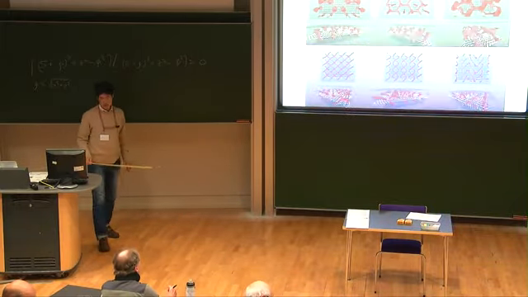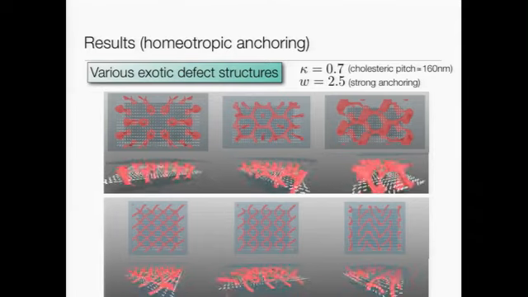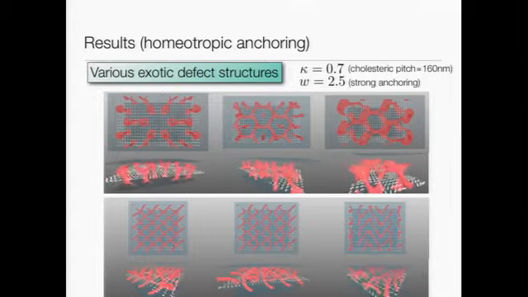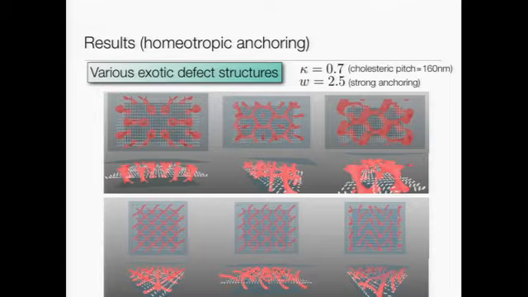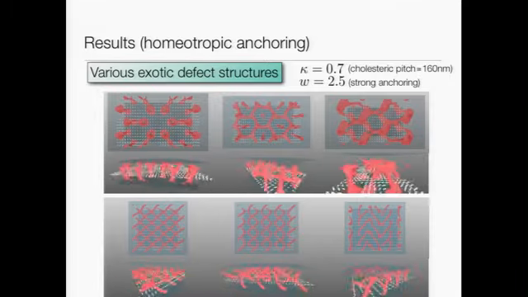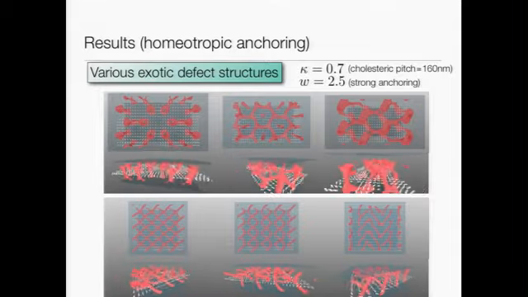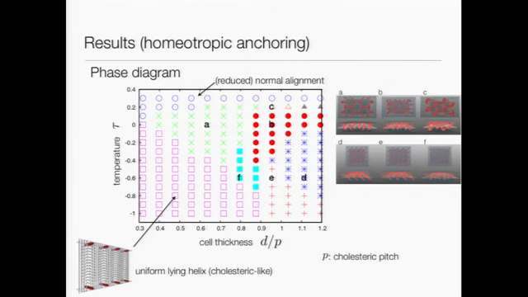Yeah, so in these calculations, I only changed two parameters. One is the thickness of the cell, and the other is temperature. Just by changing these two parameters, I could obtain these various kinds of different structures. And so now this is the phase diagram in terms of cell thickness and temperature.